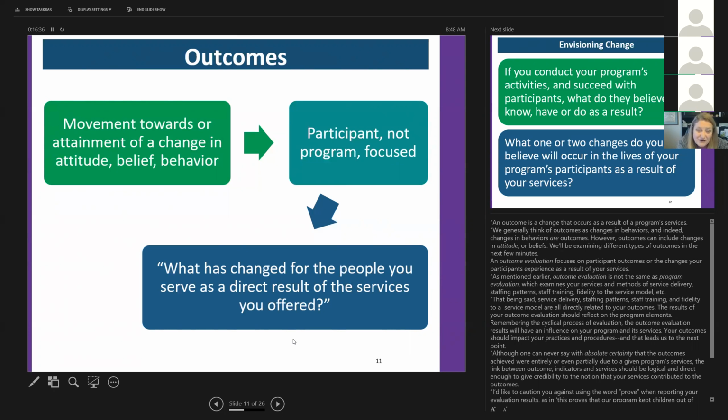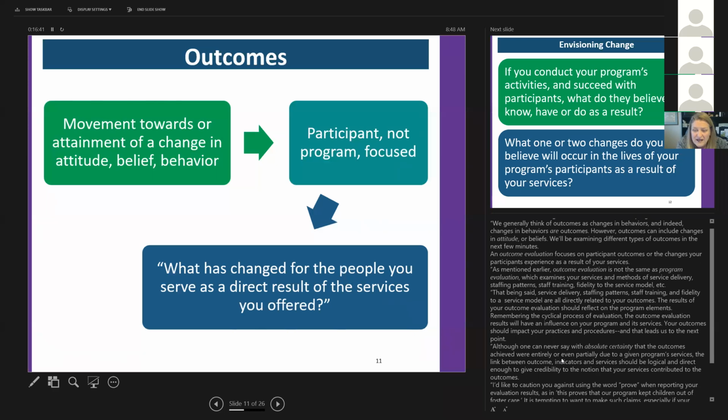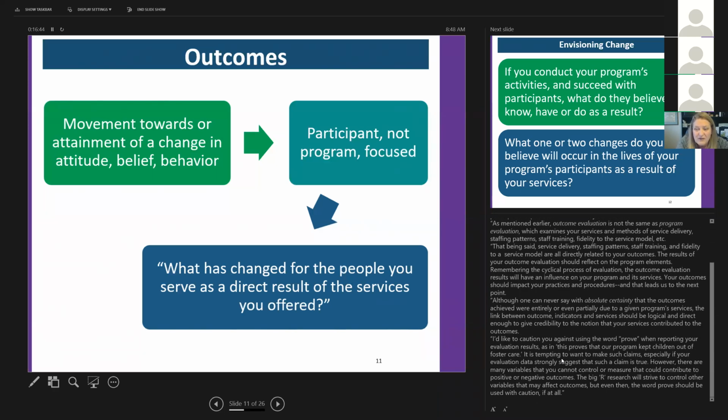And that direct result piece is one of those key scenarios, because you can never say, of course, with absolute certainty that the outcomes were achieved based on your interaction. But given your services, is there a link that is logical and gives credibility to the notion that you've contributed to those outcomes? And that's what's really important.